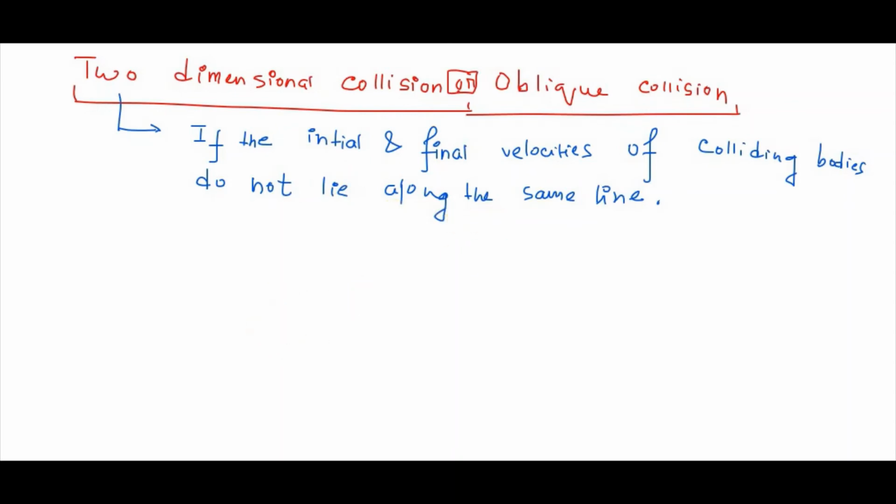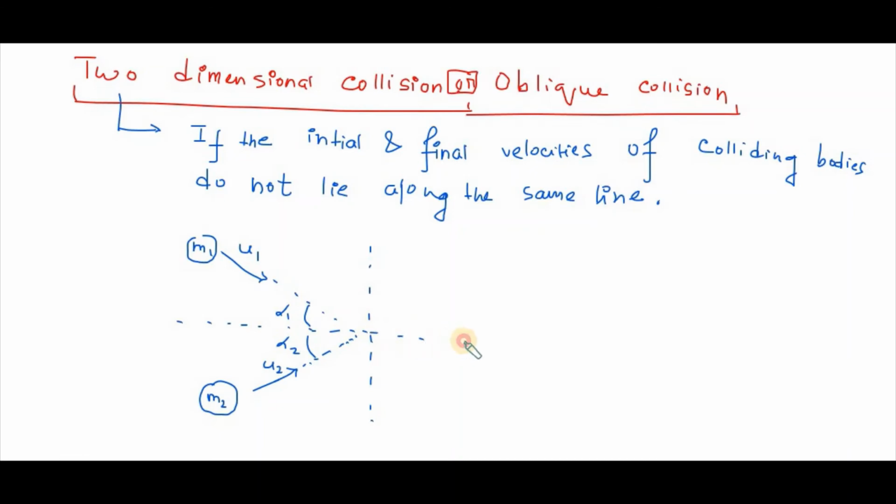So here you can consider one object whose mass is m1, moving along this direction with certain velocity u1, and another object of mass m2 moving along this direction with velocity u2. The directions we can define by their angles: let's say this angle is alpha 1, and the second object is moving making an angle alpha 2 with respect to the horizontal.